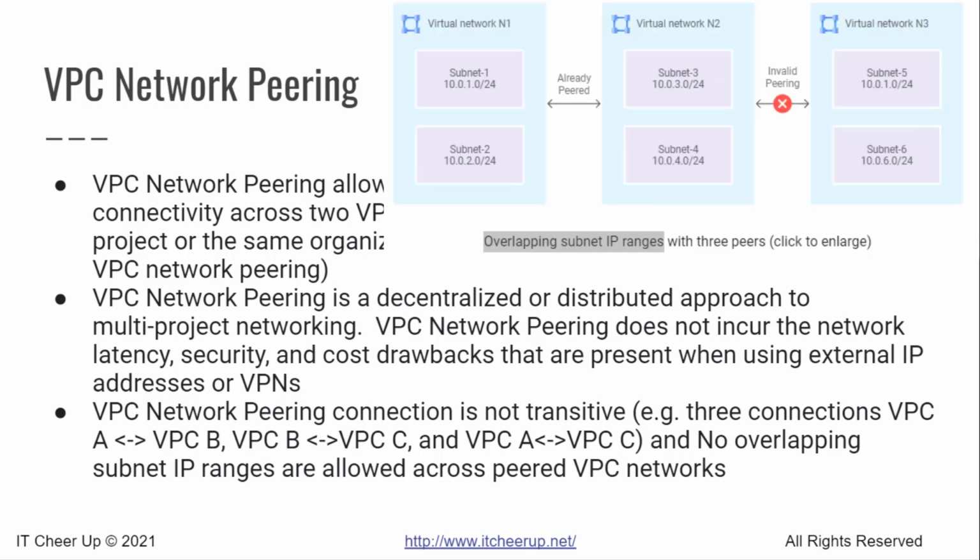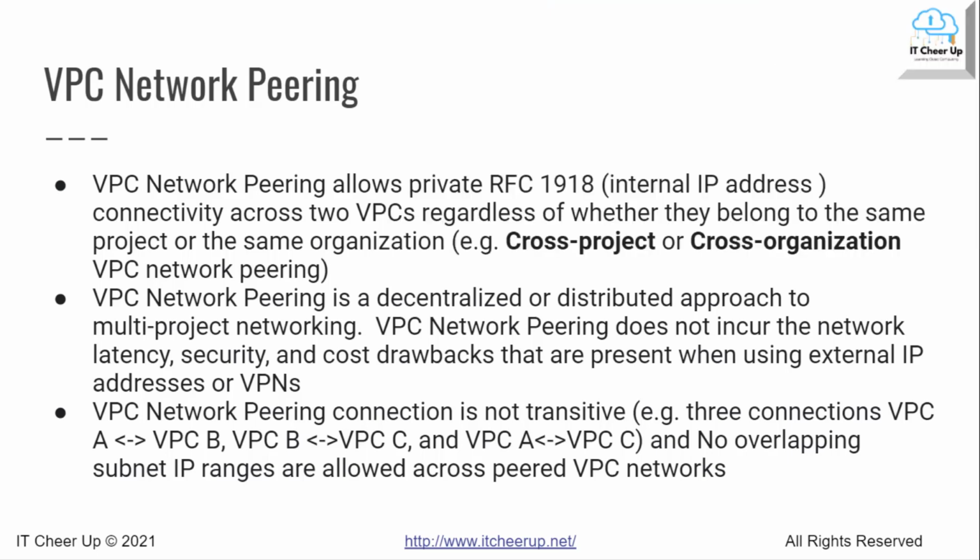Google Cloud also ensures that there are no overlapping subnet IP ranges allowed across the VPC networks. So you can imagine if there are more VPCs, then the connection configurations will be very complicated.